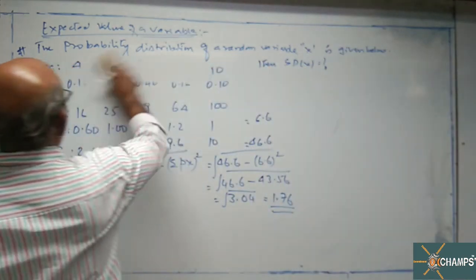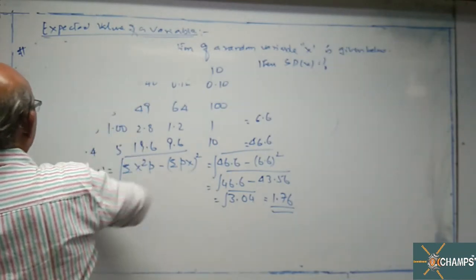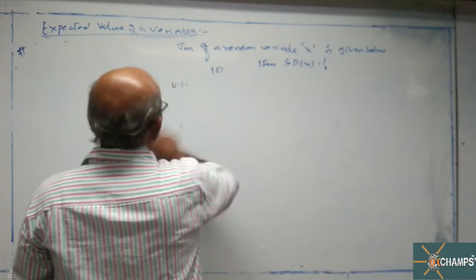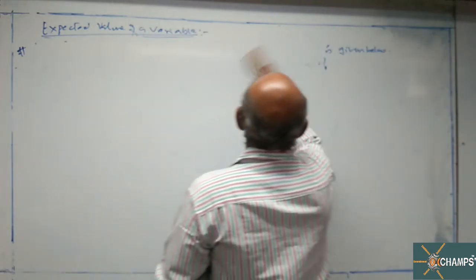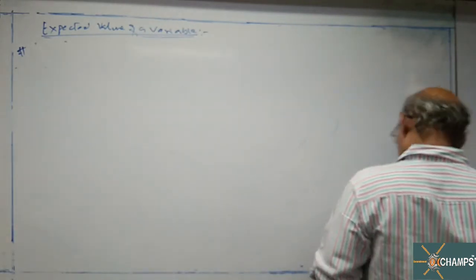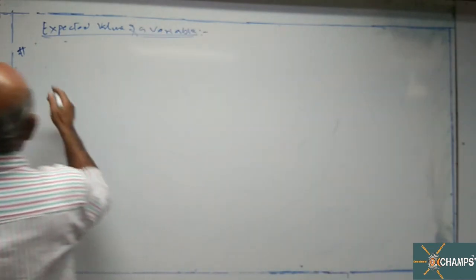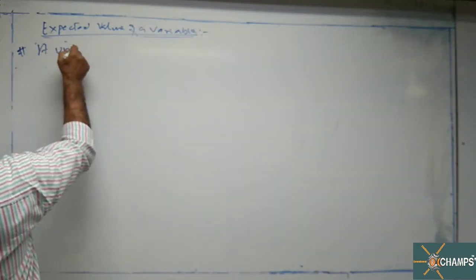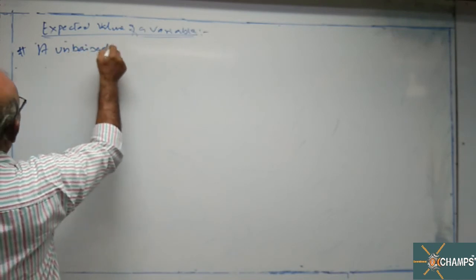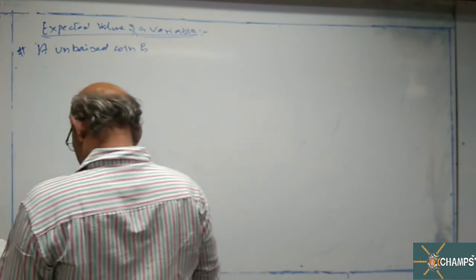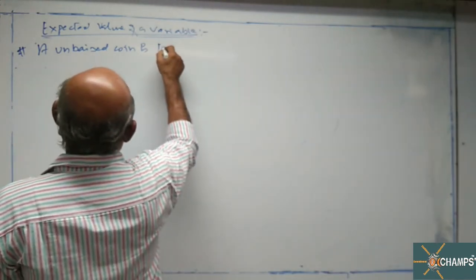Next question, sir. An unbiased coin is tossed 3 times.